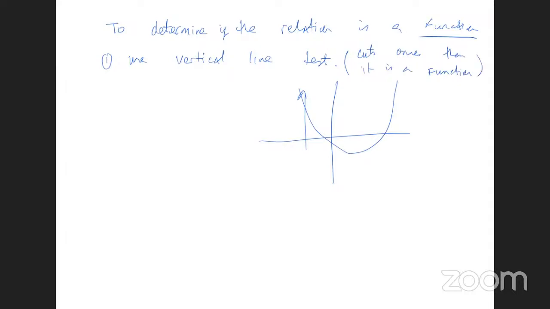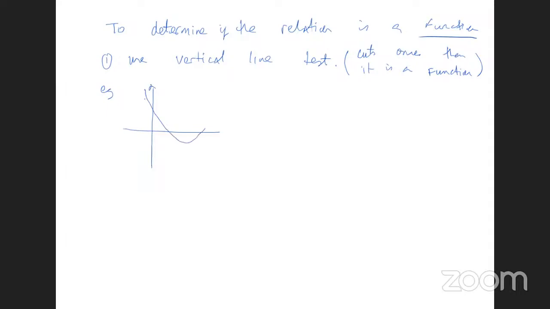I'll give you two quick examples. If you draw this and do the vertical line test, it doesn't matter where you draw it, it only cuts once, so this appears to be a function.